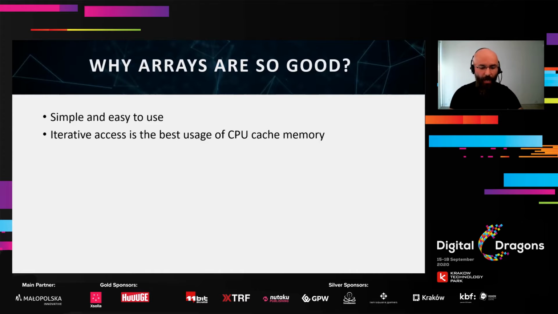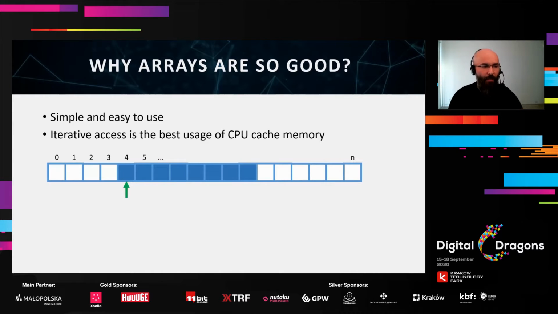Iterative access in memory is the best usage of CPU cache memory. Usually when we access one element in an array, let's say at index 4, much more memory is loaded into the CPU cache. It's a cache line.